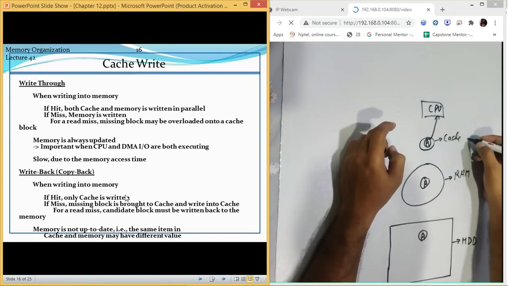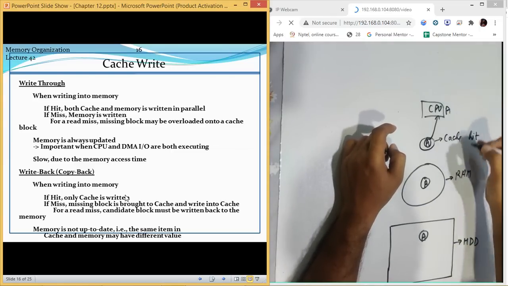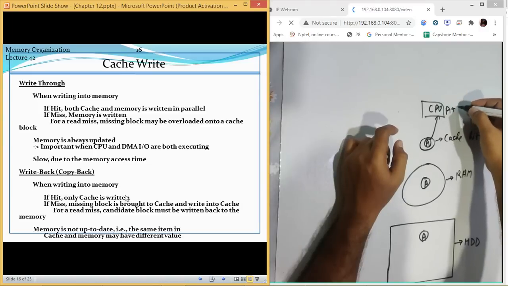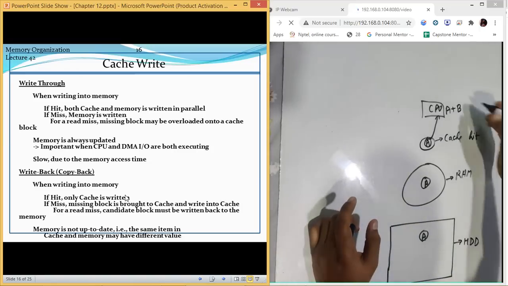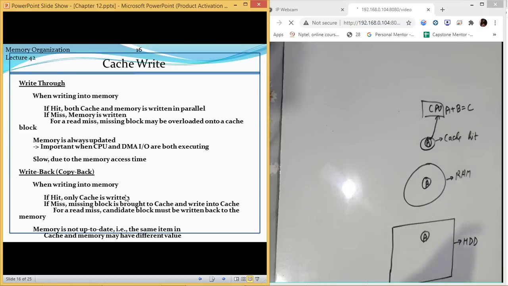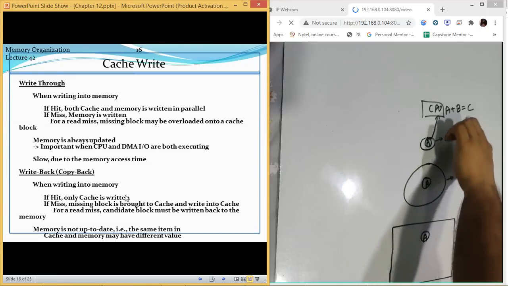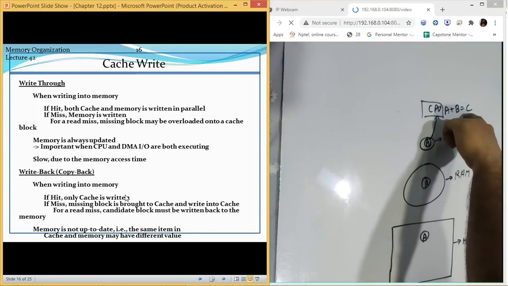There was a cache hit, and it picked the data A. Then it added it with the data which was B, which was inside the CPU, and now the answer has been updated to C. So it has calculated a certain value, and that value was now C. A has been converted to C.